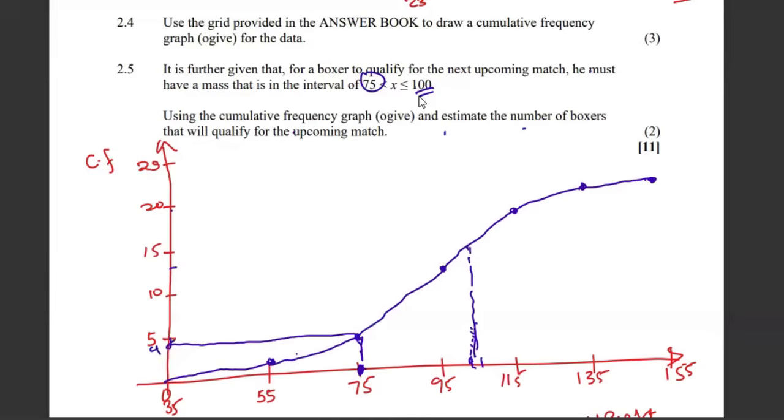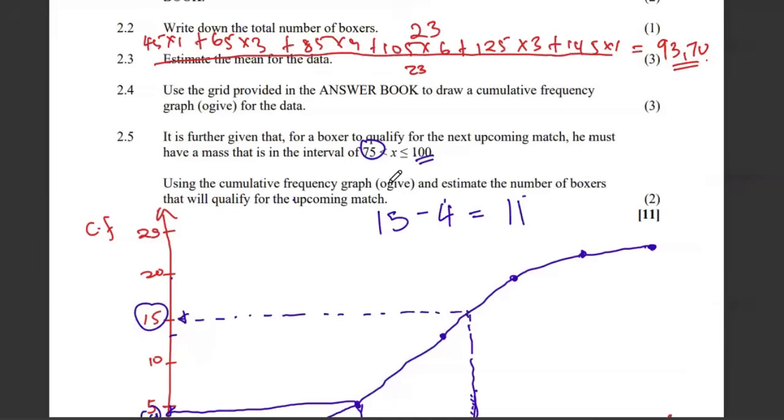If I look at it, it's more around the 15 mark. So the difference between 15 and 4 will represent the number of boxers that we need. It's going to be 15 minus 4, which becomes 11 boxers. So guys, that's just an estimated number. If you have a proper grid, you should get an answer, but still around the same value.